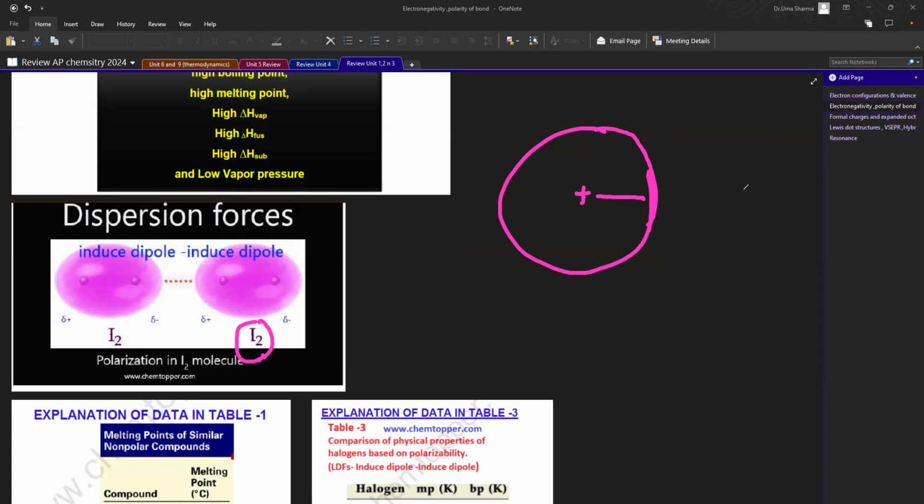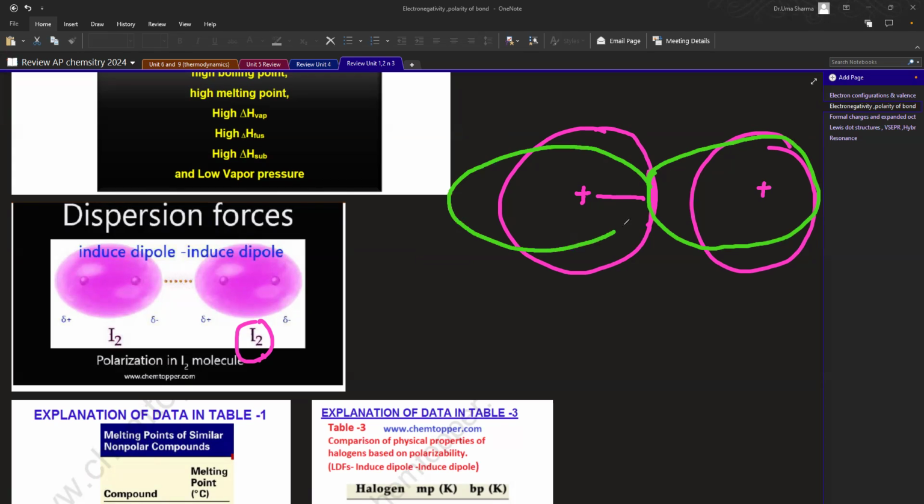So what happens when there is some other molecule? Let's say this is another iodine molecule. The nucleus of one iodine molecule can attract the electron cloud of the other iodine molecule like this, and this electron cloud will move like this.